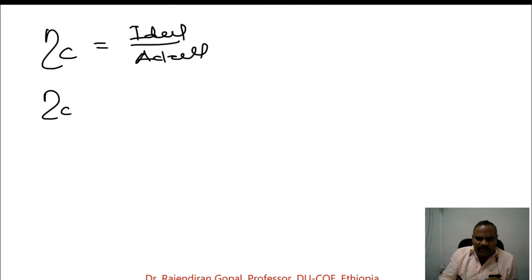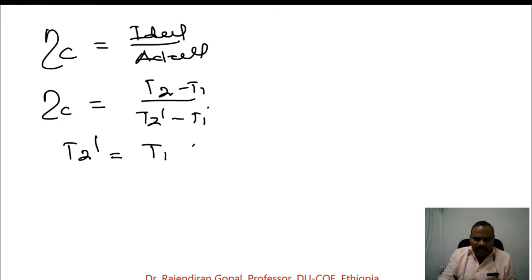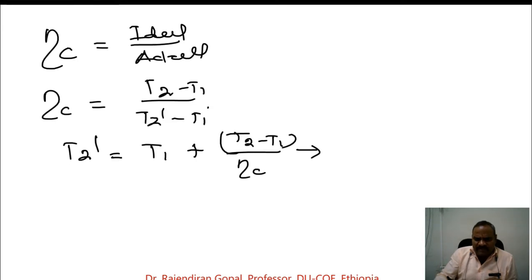And we know that the isentropic efficiency of the compressor is equal to ideal compression over actual compression. That is, isentropic efficiency of the compressor is equal to T2 minus T1 over T2 dash minus T1. That is, T2 dash is equal to T1 plus T2 minus T1 divided by isentropic efficiency of the compressor. This is equation 2.